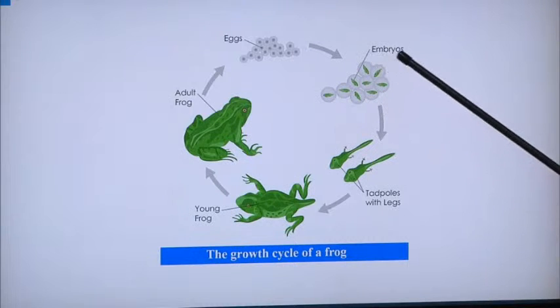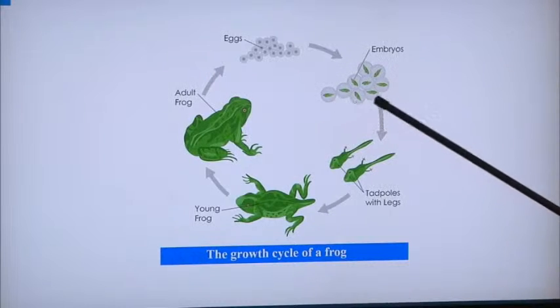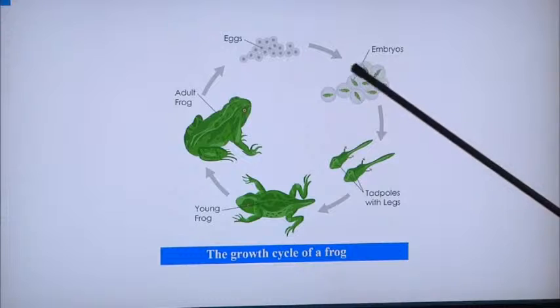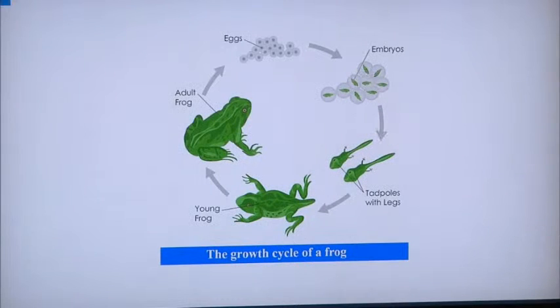So we have embryos in the eggs. So these are the eggs. It is what? Hatching. And it will hatch into small frogs called what? Tadpoles. Tadpoles. With what? Legs. Small legs.